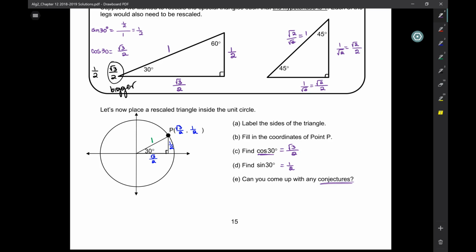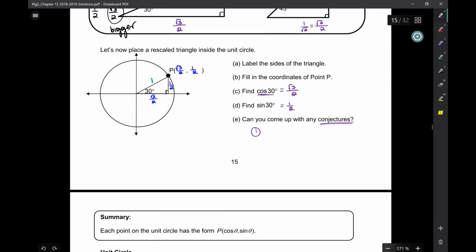It's always root 3 over 2 for the longer leg and 1/2 for the shorter leg. Okay, so that's number 1. It's always root 3 over 2 for the long leg and 1/2 for the short leg. Good. Any other ones? Any other patterns?